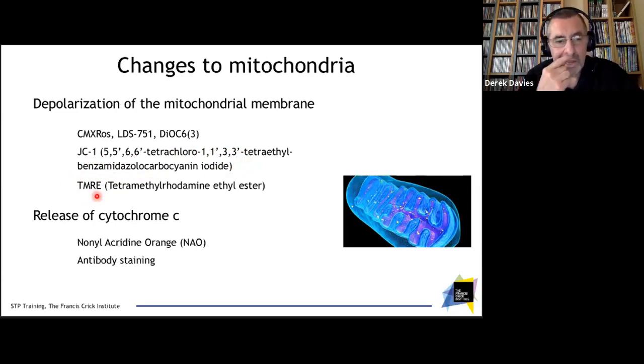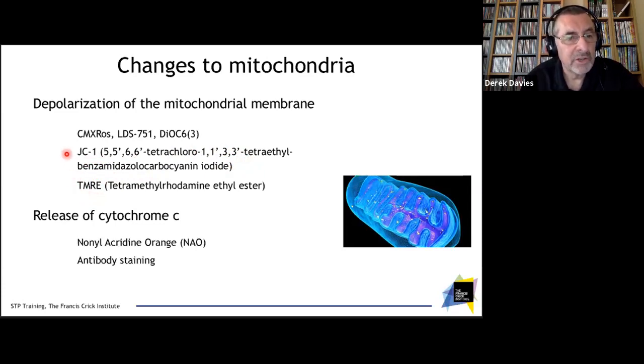I suppose one thing to say about these probes is that with a functional probe, like any of these, we are stuck with the excitation and emission of that fluorochrome. Unlike antibody staining, where I can buy an antibody in virtually any fluorochrome that I can measure on my flow cytometer, with these dyes, I can't do that.